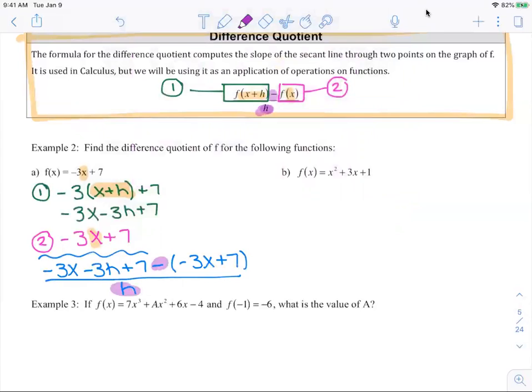Now I'm going to simplify it. I'm going to bring my work up here because I'm running out of room. I'm going to have to distribute the negative sign. So -3x minus 3h plus 7 minus, so I have to distribute that negative sign. Negative times -3x is a plus 3x. Negative times positive 7 is a minus 7.